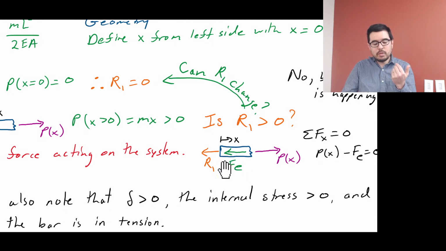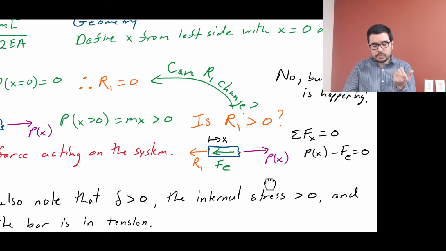So when we do equilibrium here, P of x and Fe could be equal to 0 if R1 is equal to 0. These two actually compensate, or knock each other out.